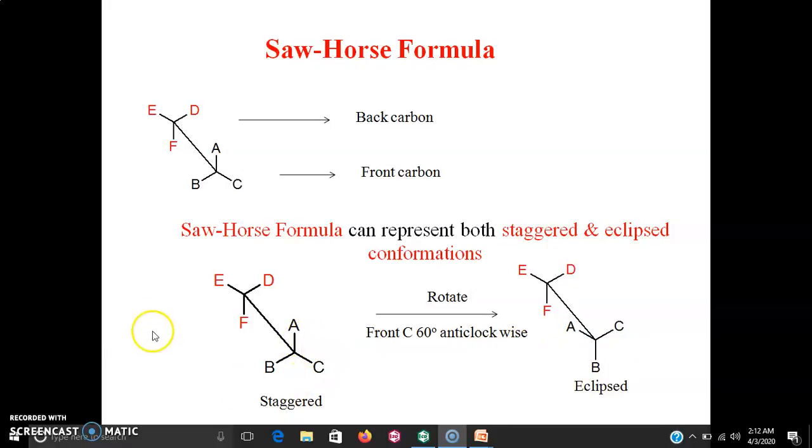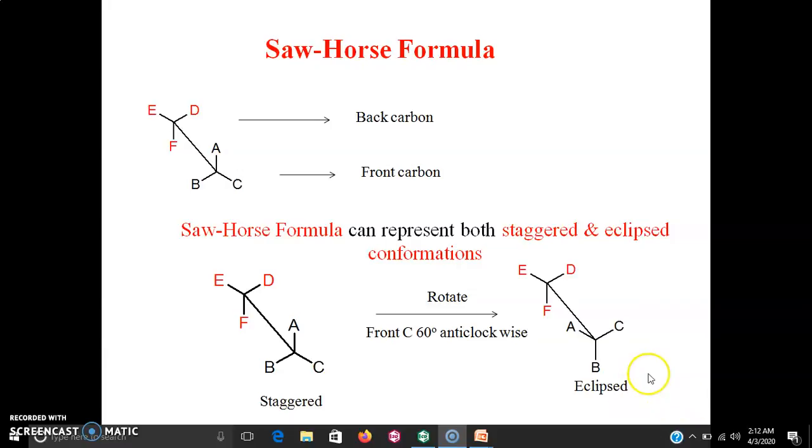Here we can see that the bonds are in maximum separation, right? When you observe the molecule from this side, you can see all the rear groups because they are in maximum separation. That means there is less repulsion, so this is the most stable conformation. Staggered conformation is the most stable conformation. Coming to the eclipsed conformation, we can see that they are in closest proximity.